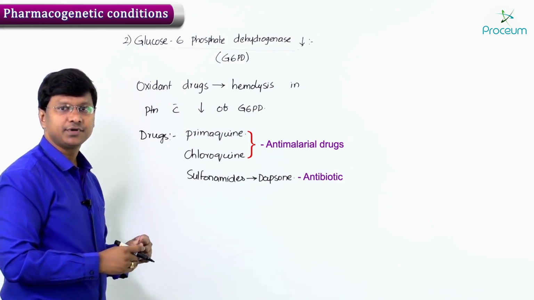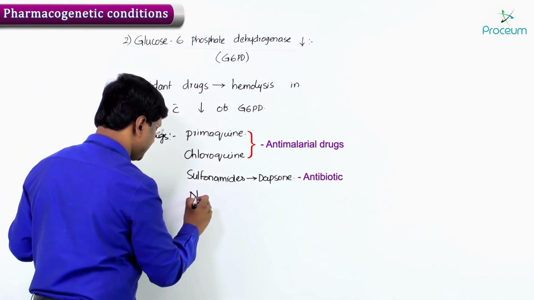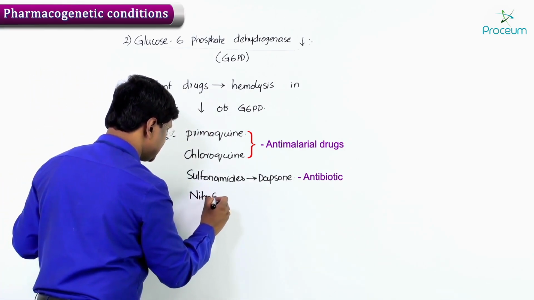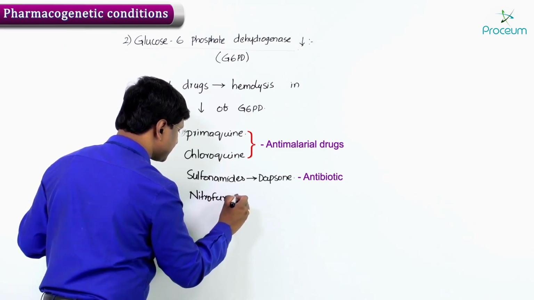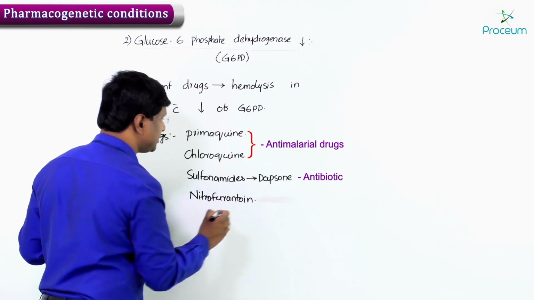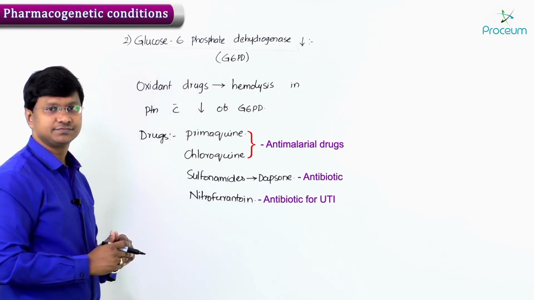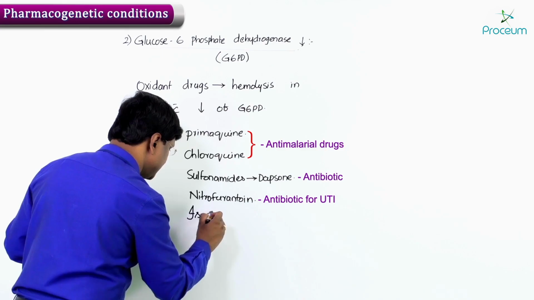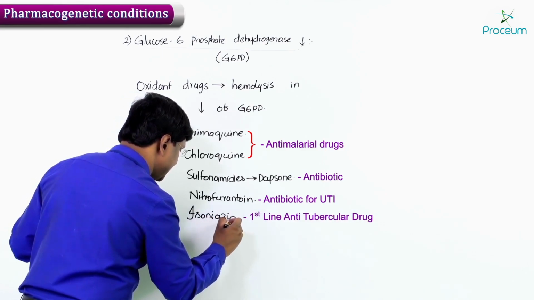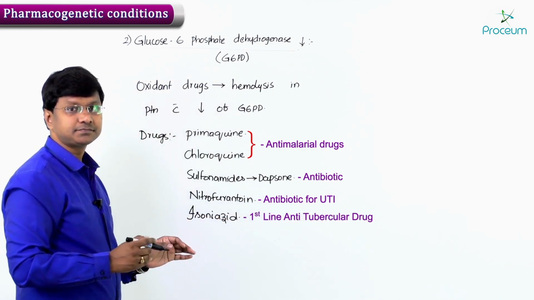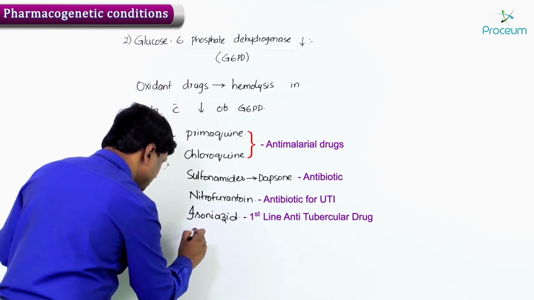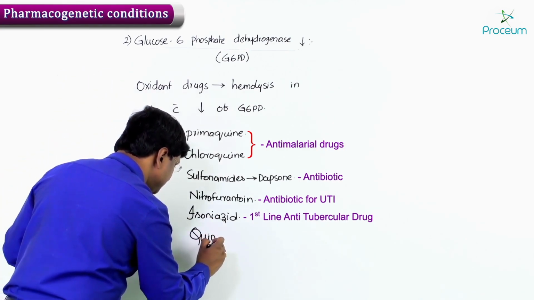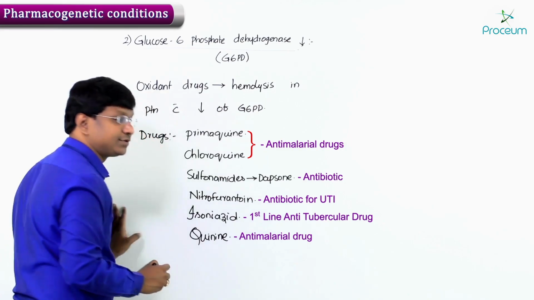And we have another important antibiotic, nitrofurantoin. Remember, this is the antibiotic used in the treatment of urinary tract infection. And we have other drugs like isoniazid, a first line anti-tubercular drug. And the other drugs include quinine, which is also an anti-malarial drug.